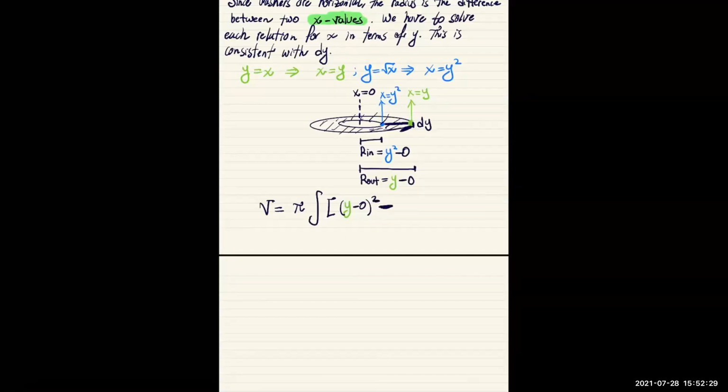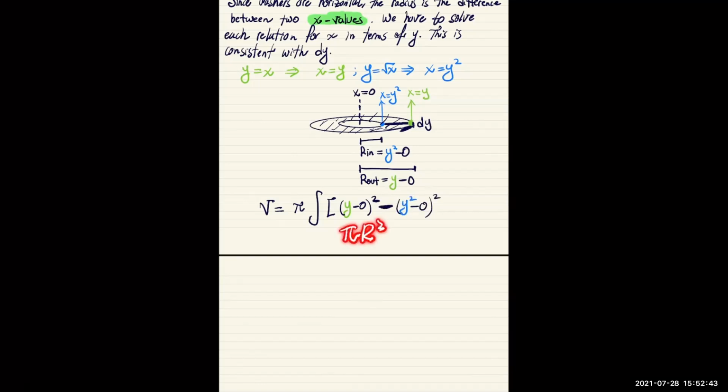Always minus, take out the inner volume, which in this case is y squared minus 0 squared. Those squares are because of the pi r squared. And then we multiply this by dy to get the volume of this cylindrical washer. Put a dy here.